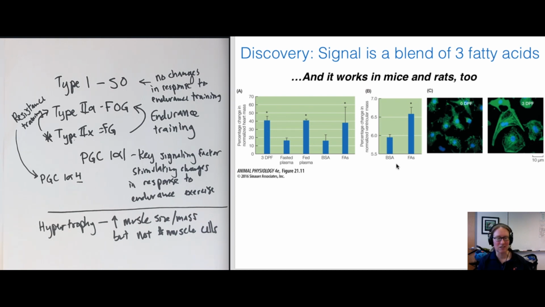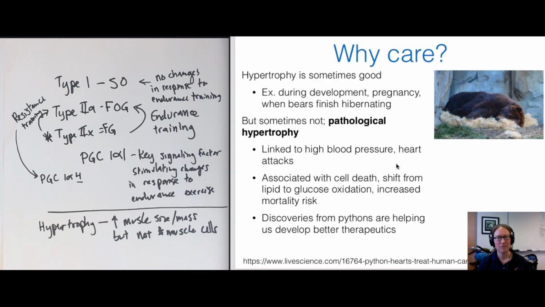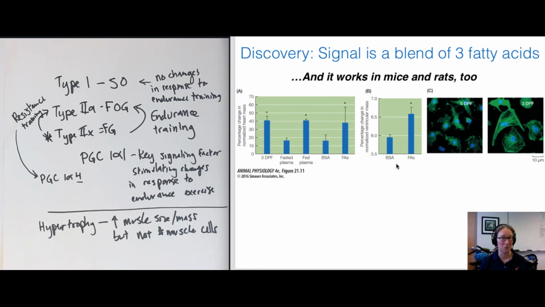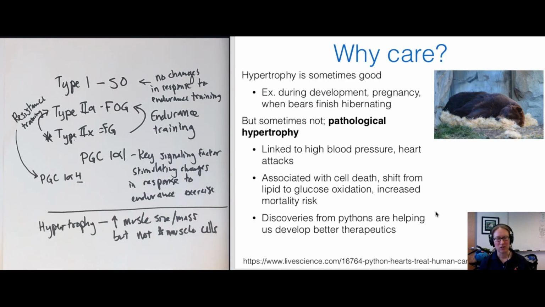So not only did this reveal insights into muscle function in pythons, but it is also something that is more broadly applicable to other types of animals. And actually, this can also potentially work in humans as well. So I've included a link here at the bottom of this slide to a quick article that talks about how this discovery in pythons could be really useful for treating human cardiac disease as well.